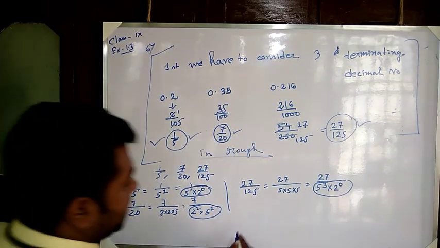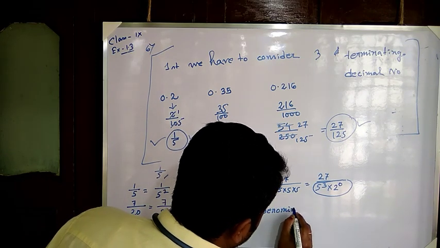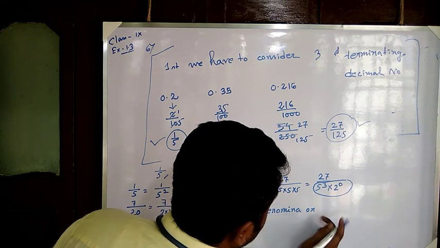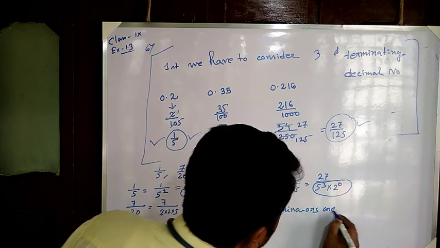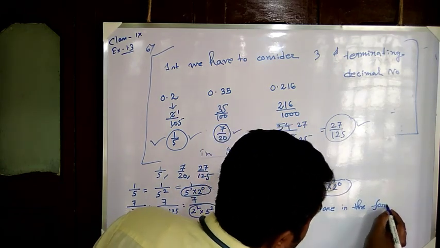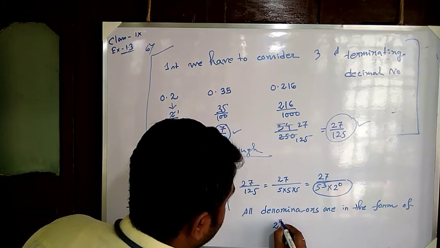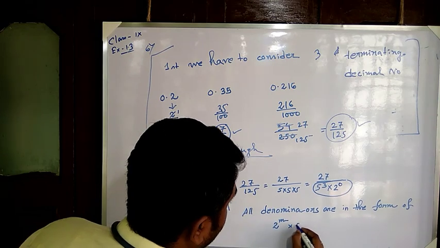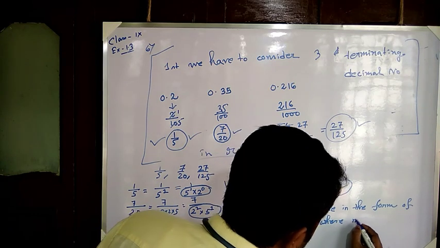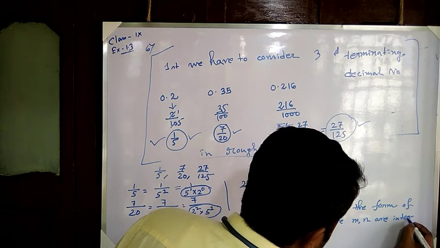All denominators are in the form of 2 to the power m into 5 to the power n, where m, n are integers.